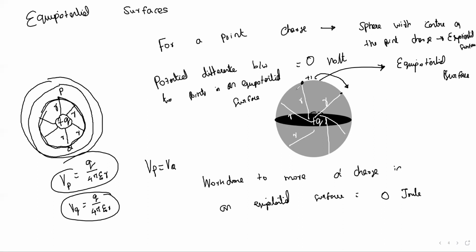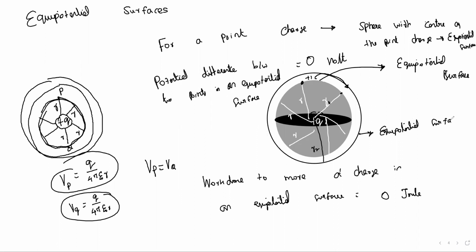But at the same time, if we have some other equipotential surface, let me draw it like this, at some extra distance. If we say this was R1, then this is at R2, and this is also an equipotential surface, right?